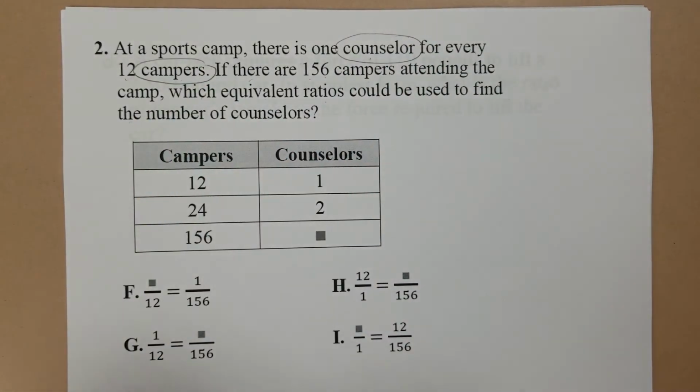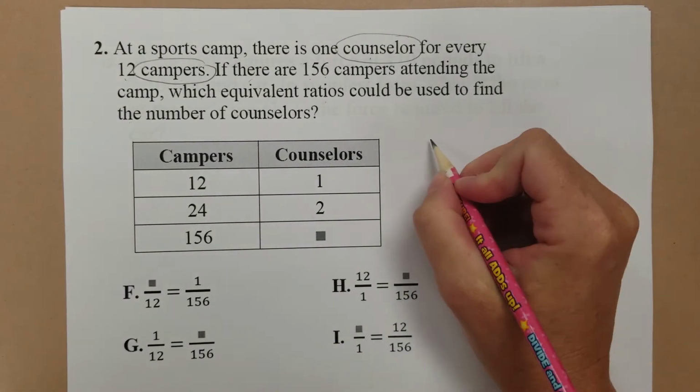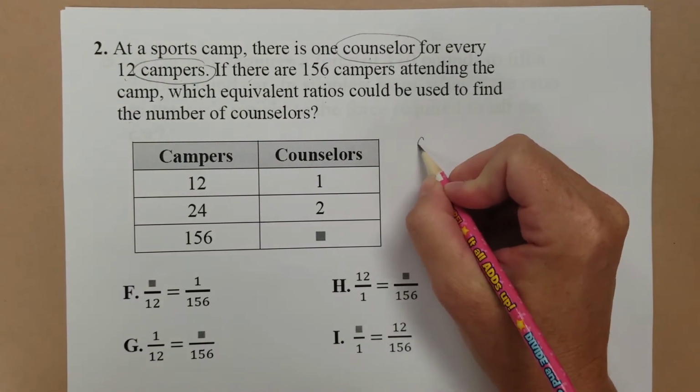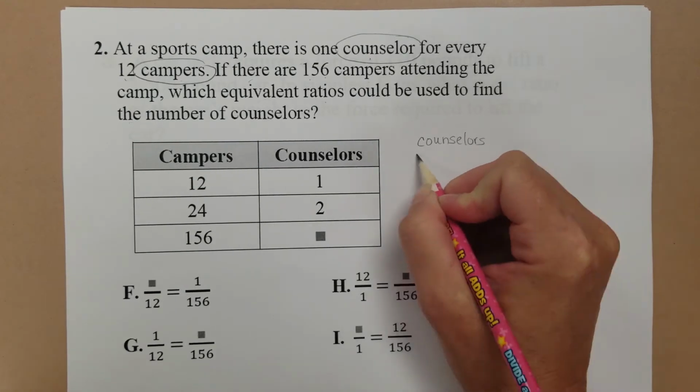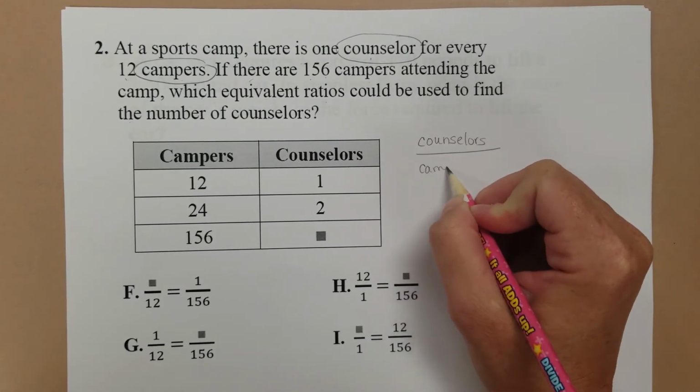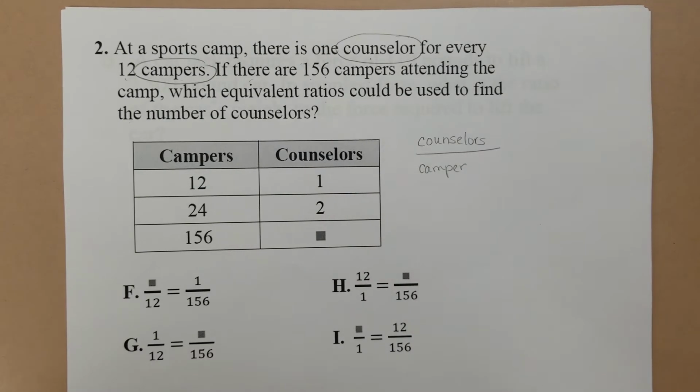So I'm going to use ratios in fraction form to solve this problem. So I have counselors on top and campers. Now, it doesn't really matter which you put on the top or the bottom, but you need to make sure that you're consistent throughout your problem.